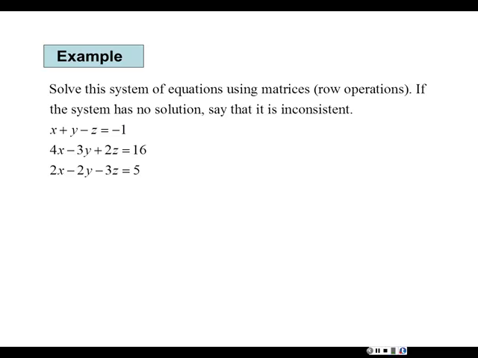So let's write it here. We are changing row 1, so this becomes 476 over 217.